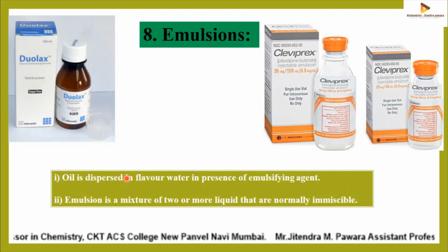This is called an emulsion. An emulsion is a mixture of two or more liquids that are normally immiscible. Examples of medication that contain emulsion are Duolax and Claviprex.